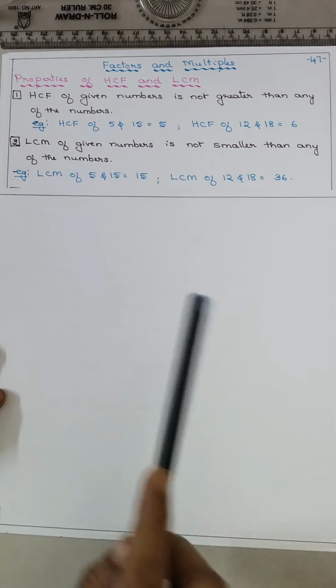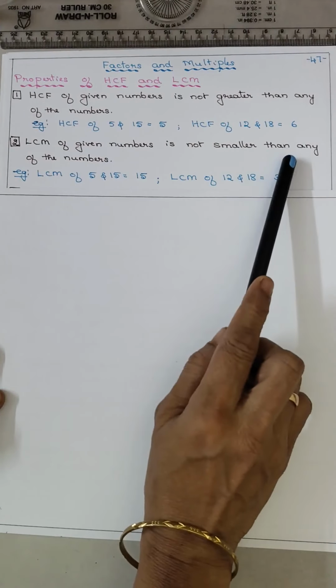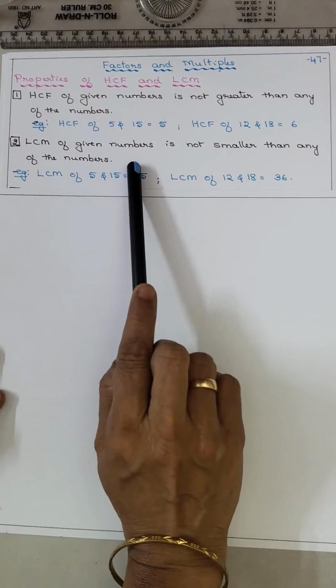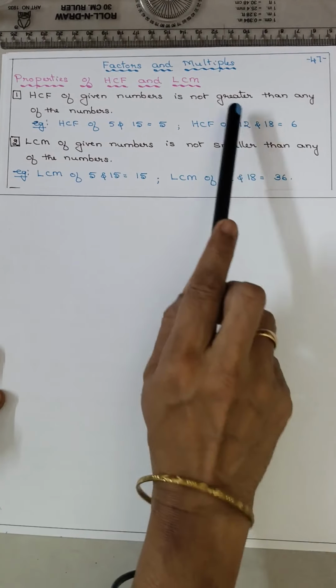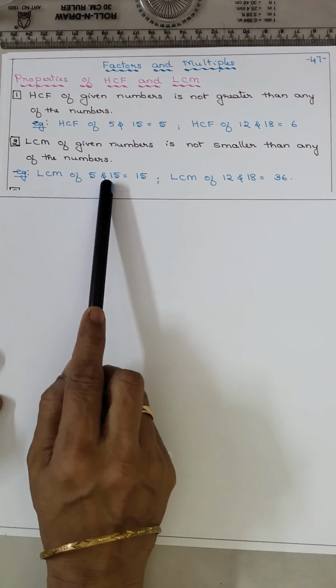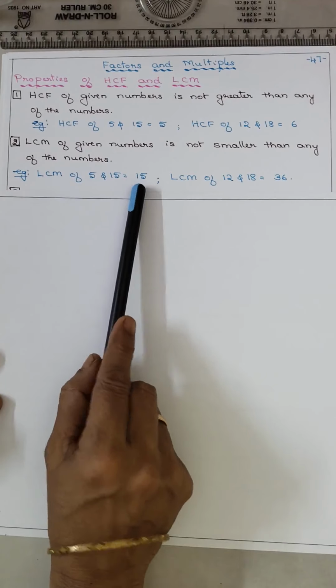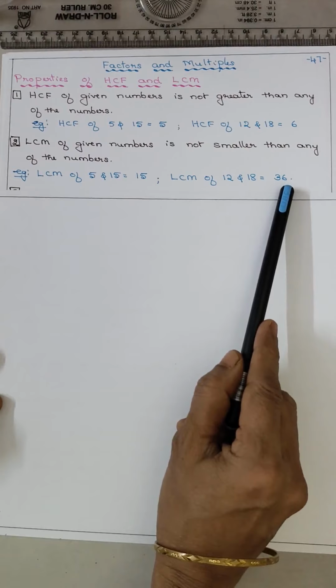Now, the LCM of the given numbers is not smaller than any of the numbers. LCM is not smaller, HCF is not greater. So the LCM of 5 and 15 is 15 and the LCM of 12 and 18 is 36.